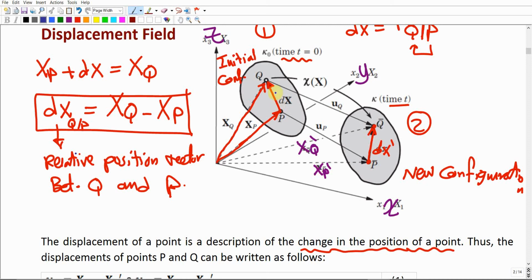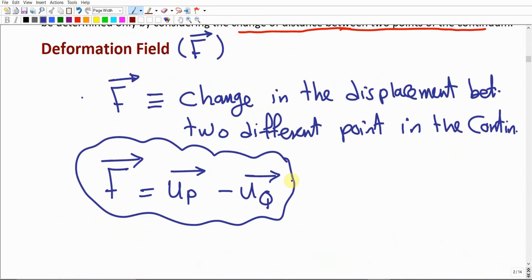Assume that this is like a stick, a steel bar, set up between these 2 points in configuration 1. Because of some external forces, this stick would experience some changes in length or changes in orientation, generally.